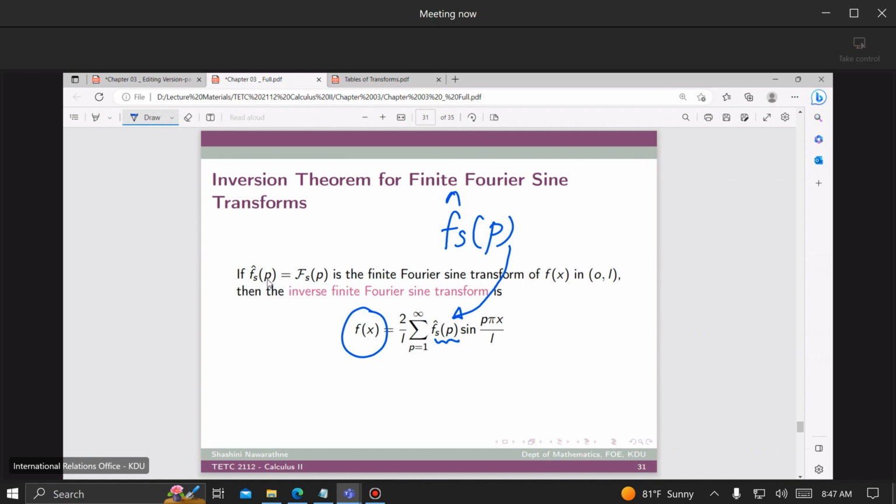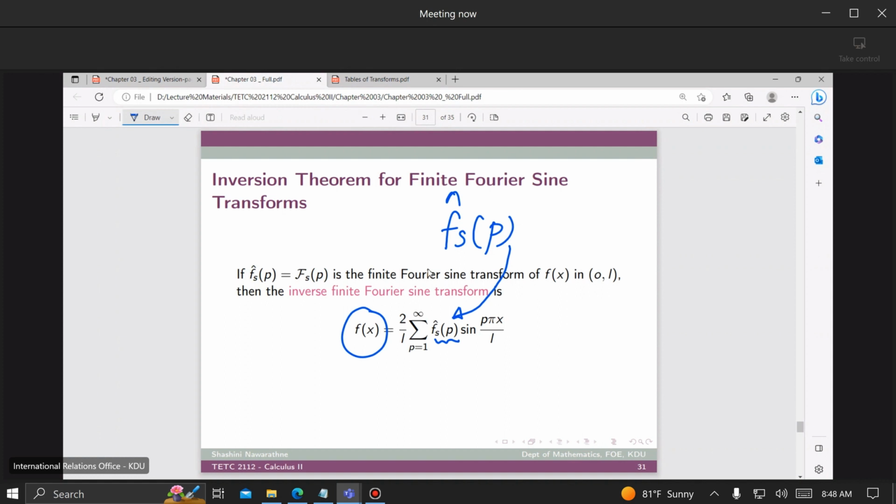So you need to remember these four formulas. The first formula is to find the finite Fourier cosine transform when the function f of x is given. The second formula is to find the inverse finite Fourier cosine transform when the finite Fourier cosine transform of a function is given.